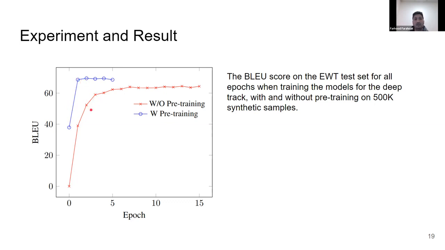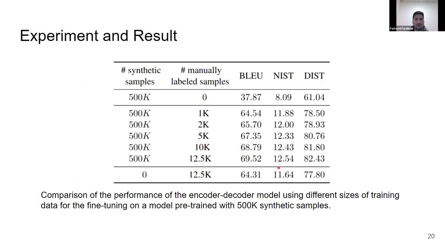However, when we are not using pre-training, the improvement continues until almost the eighth epoch. So it means that pre-training helps us achieve convergence much faster than without pre-training.